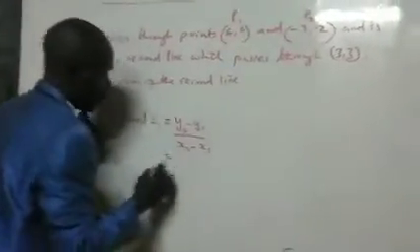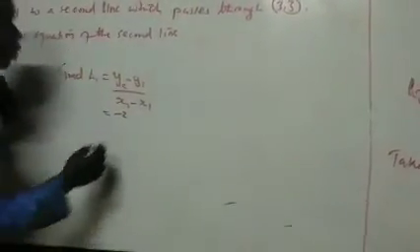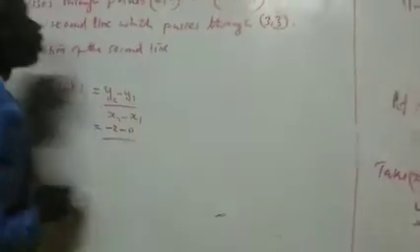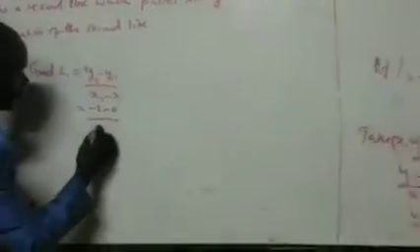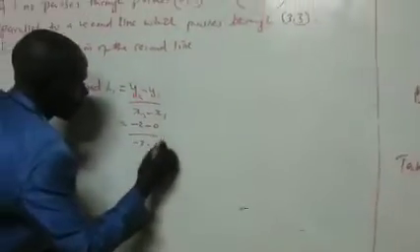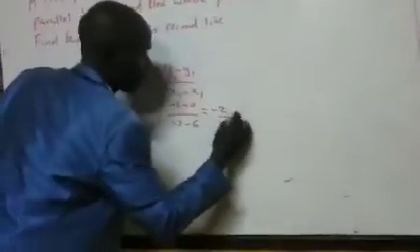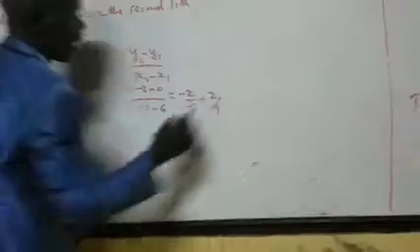So the gradient will be change in y, that is y2 minus y1 over x2 minus x1, and therefore the gradient will be negative 2 minus 0 over negative 3 minus 6. And that gradient gives us negative 2 over negative 9, which is 2 over 9.